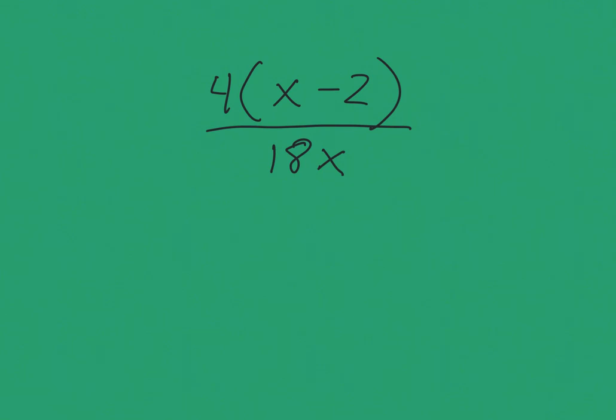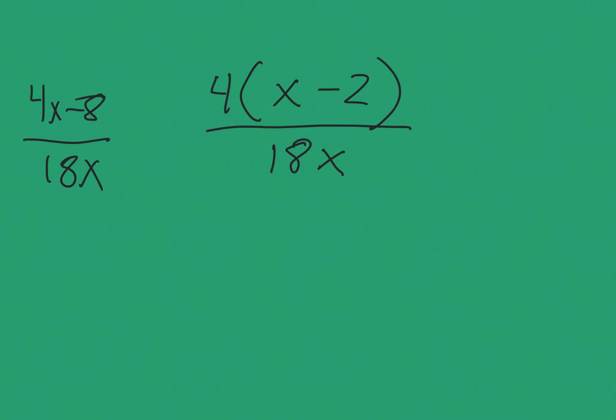Lastly, working here, this is already divided out for us. Had this been an original equation, it might have been 4x minus 8 over 18x, and then reverse distributive property. But what I have now is this numerator and denominator both divisible by 2.